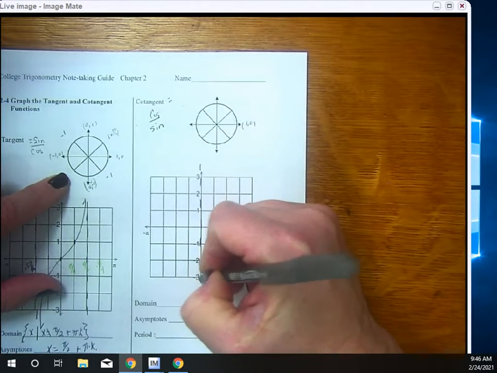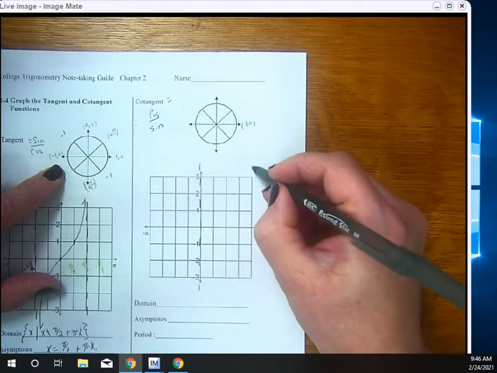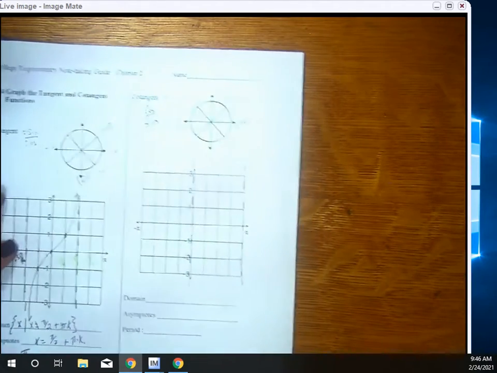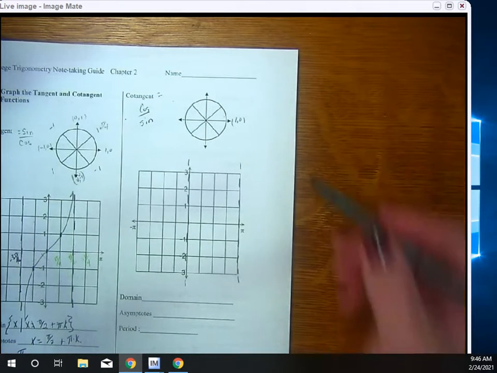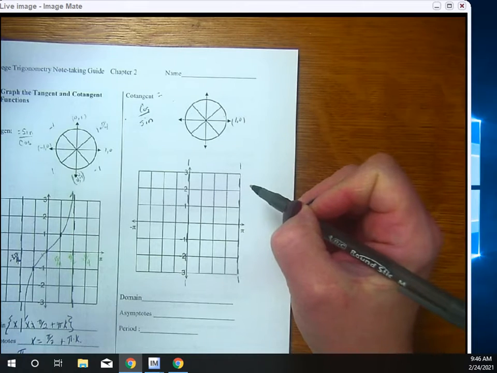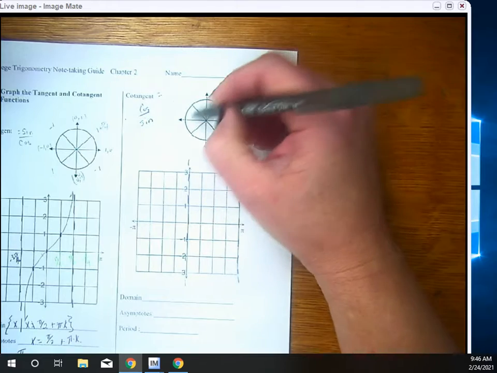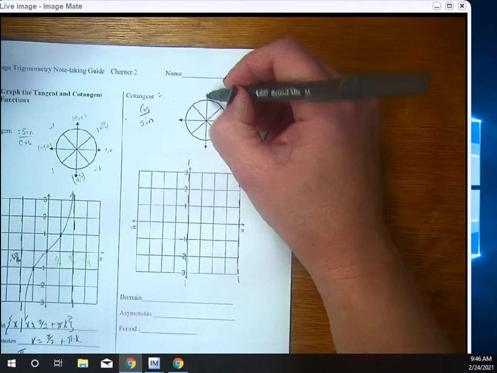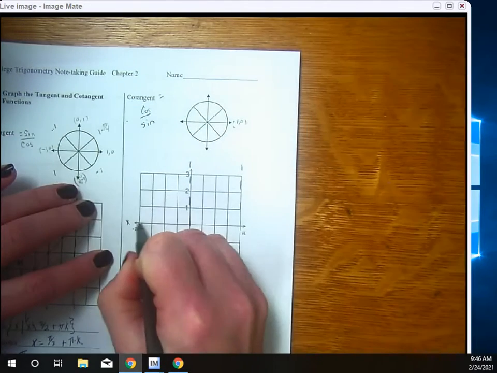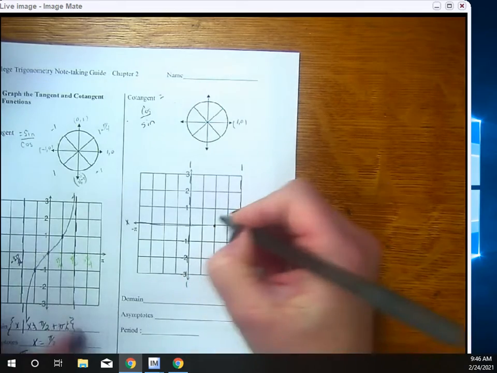Our y-axis, and then again back over here at pi, we're going to have our asymptote. When we are looking at the halfway point, or pi over 2, we're at 0. This, by the way, is our x-axis. It's really hard to see in this one. So I'm at 0 here.